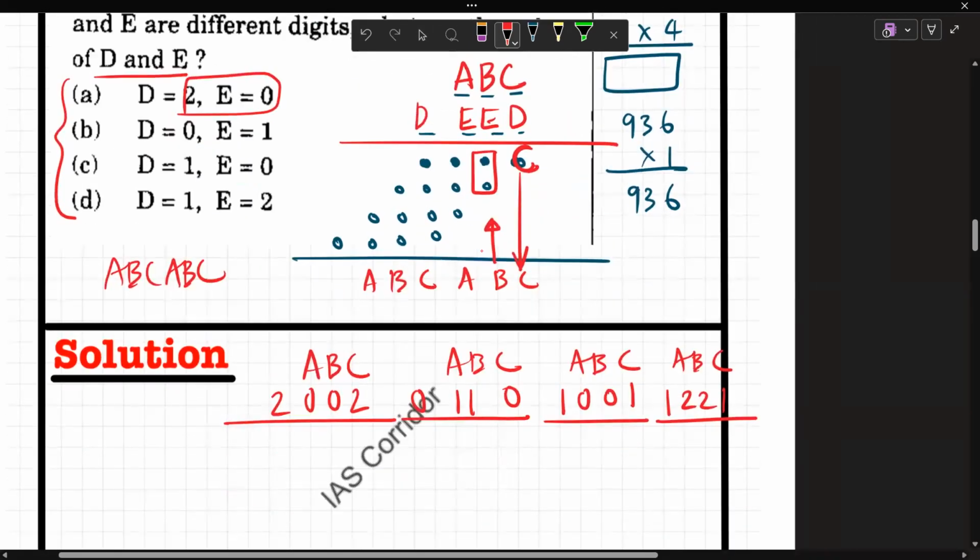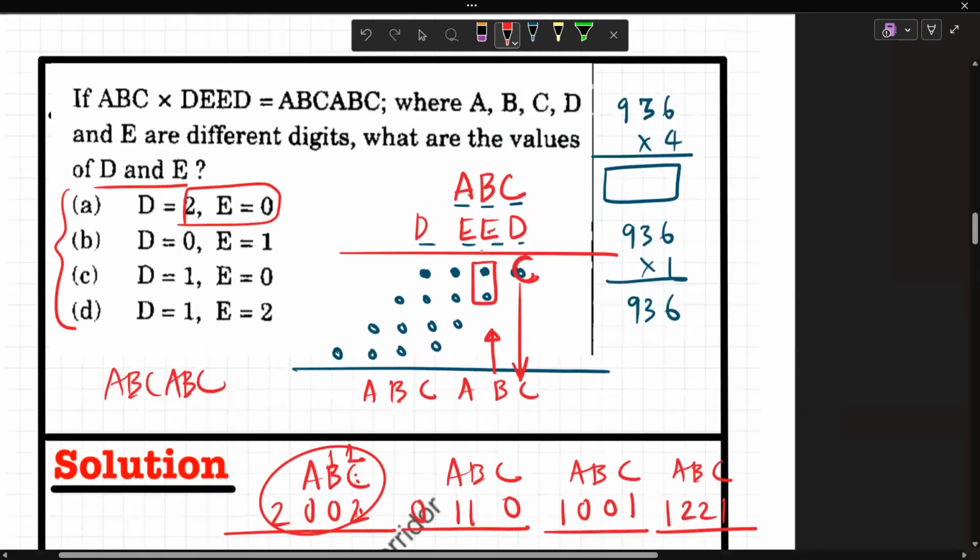Now see one thing. When you multiply this 2 into C, will you get a C here? Yes, only when C becomes 1. Now 2 into B, will you get a B here? Yes, when B becomes 1.